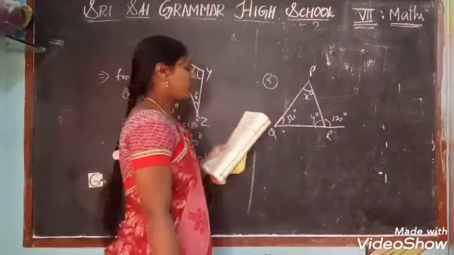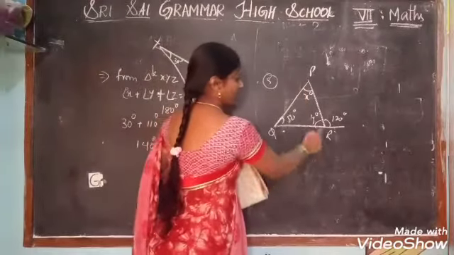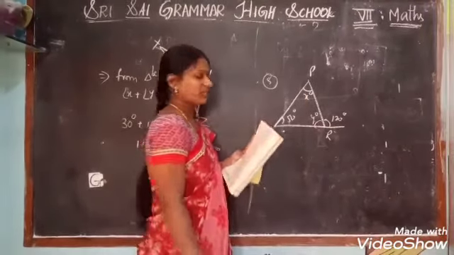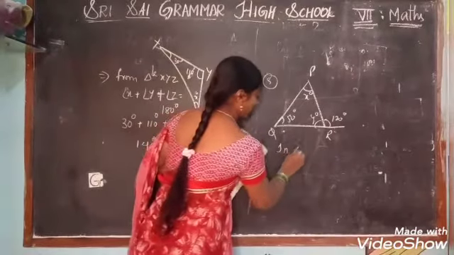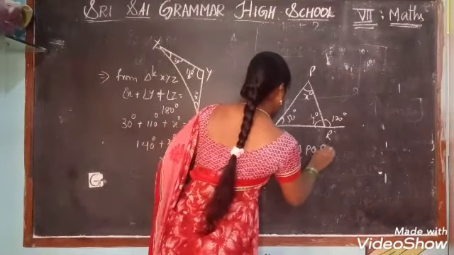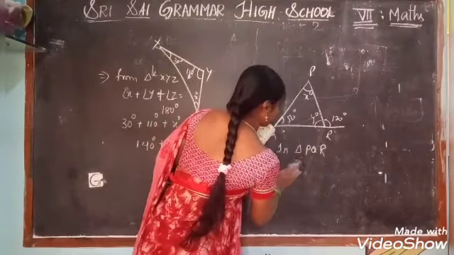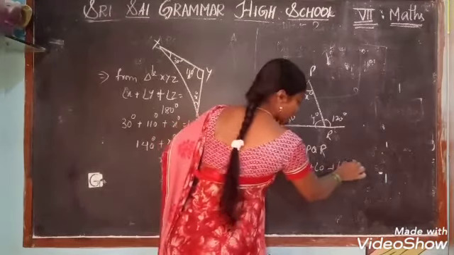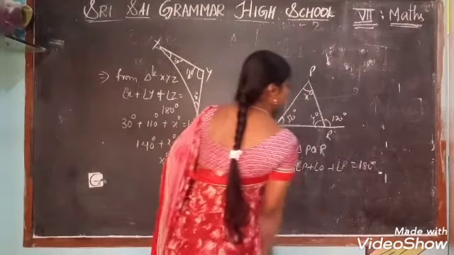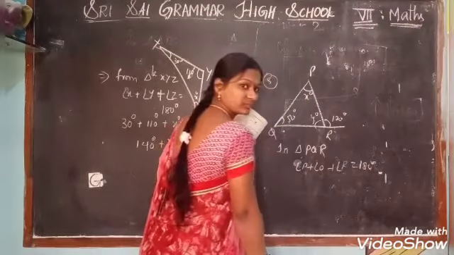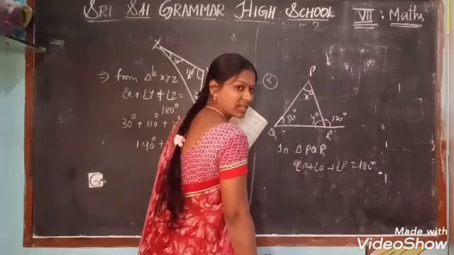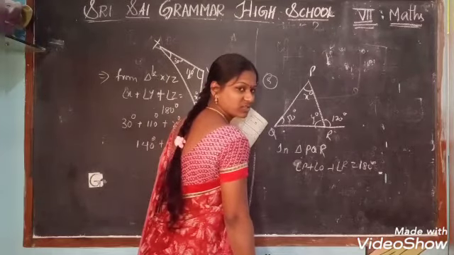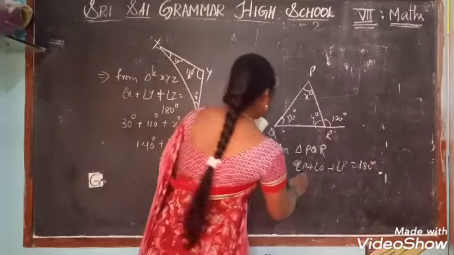We know in triangle P, Q, R, angle P plus angle Q plus angle R equals 180 degrees.